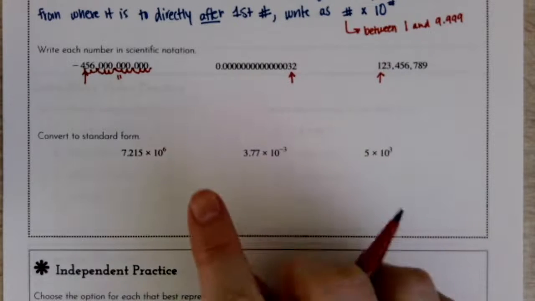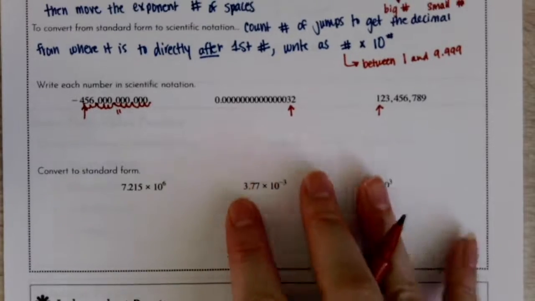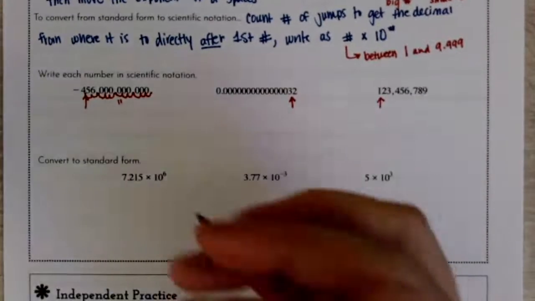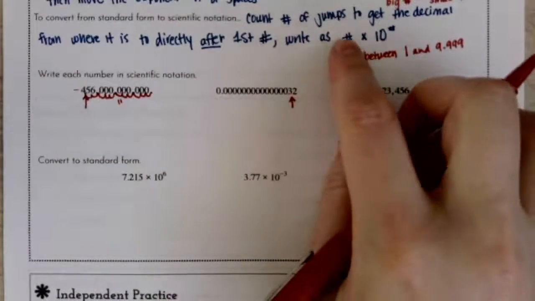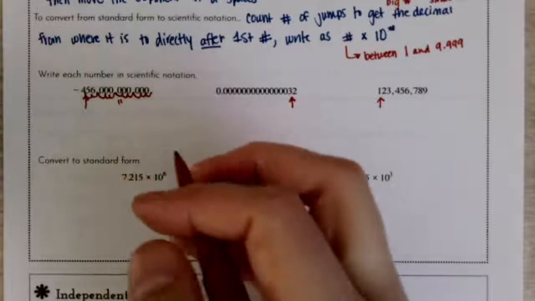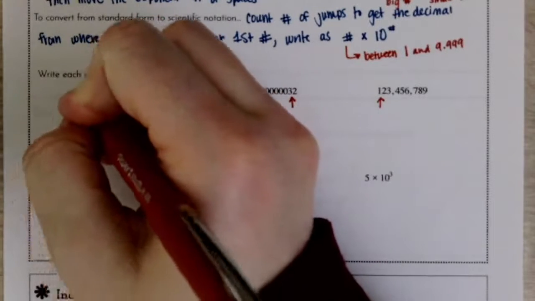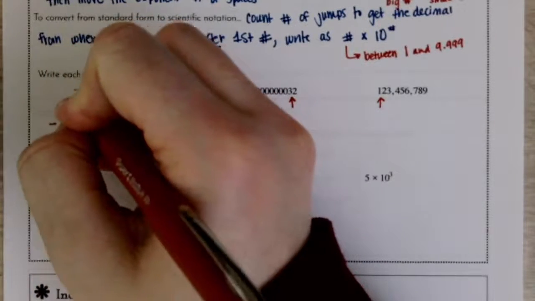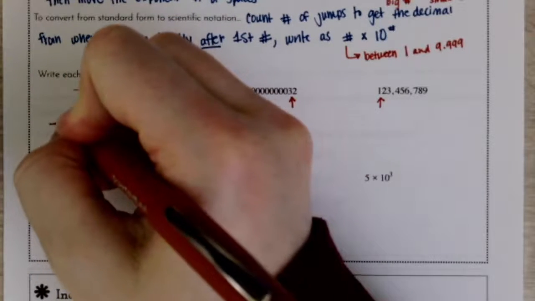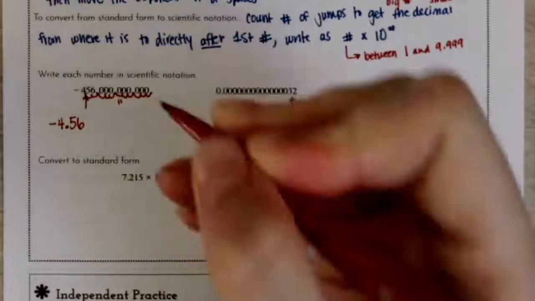Now I just need to write it in that scientific notation. So the number times 10 to the power of whatever. Our number is this number right here. You include all the numbers that are not 0. So I have a negative out front, 4, and then this is where I want my decimal to be, so I'm going to put the decimal there, 0.56.